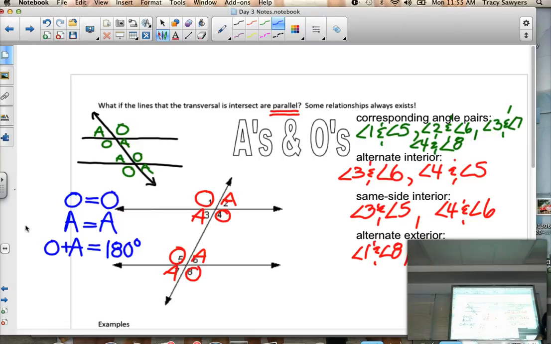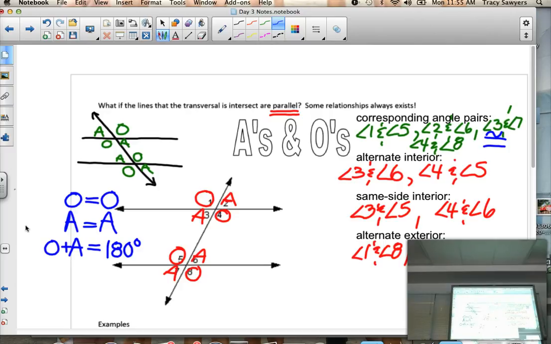I'm going to ask you one last time. Corresponding angles are what? I want you to tell me about their angle measures. They're the same. How do we say that in geometry? They're congruent. Their measures are equal. The angles are congruent. Alternate interior.